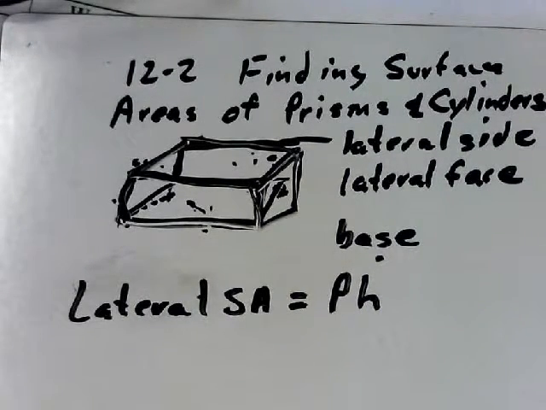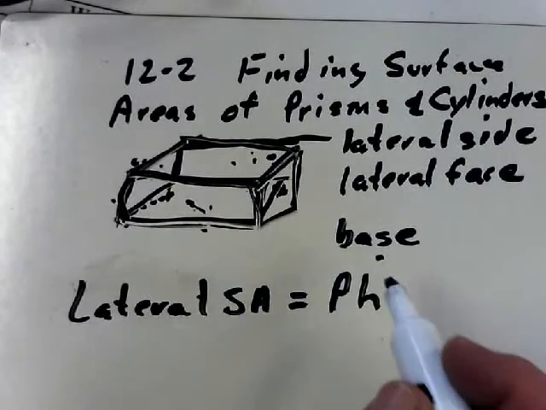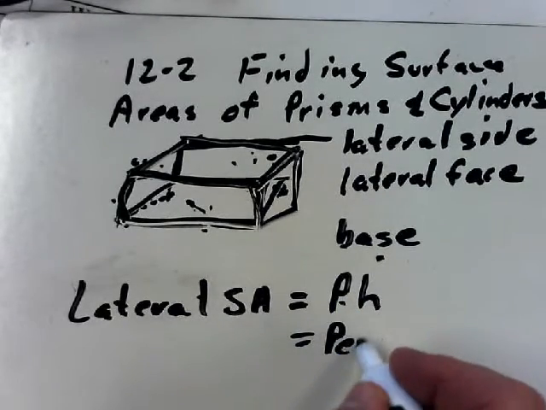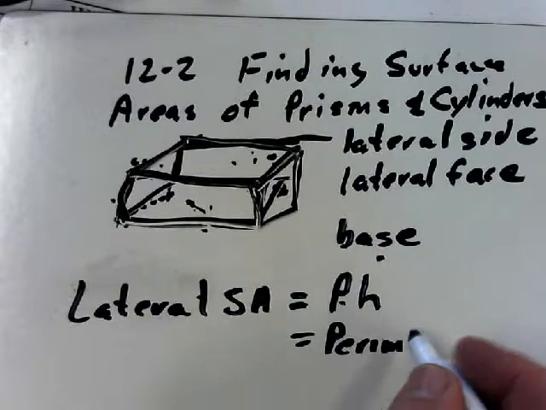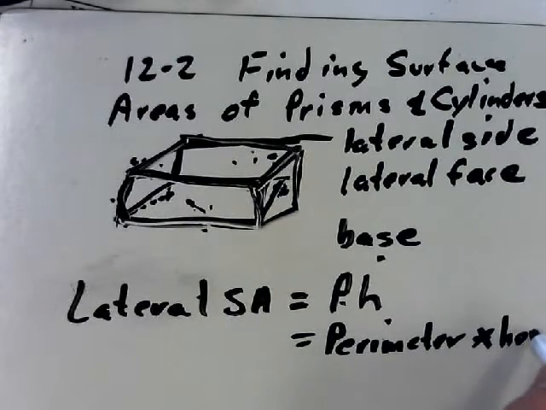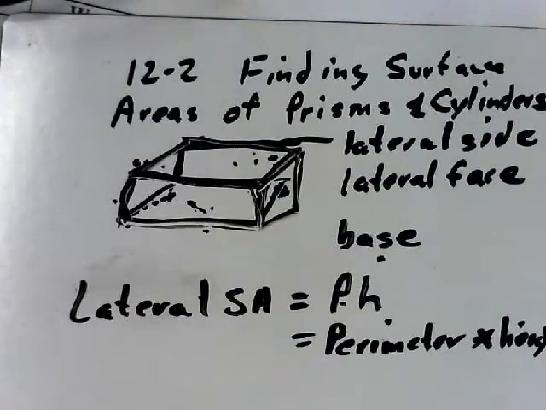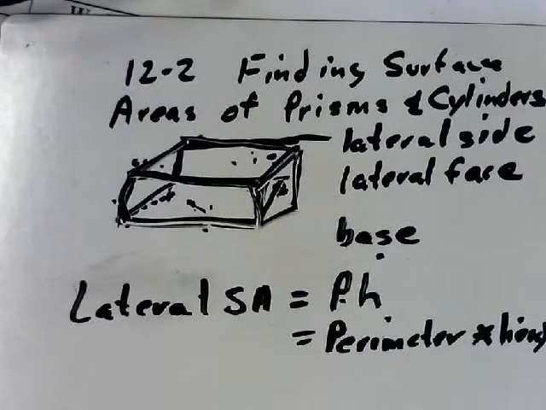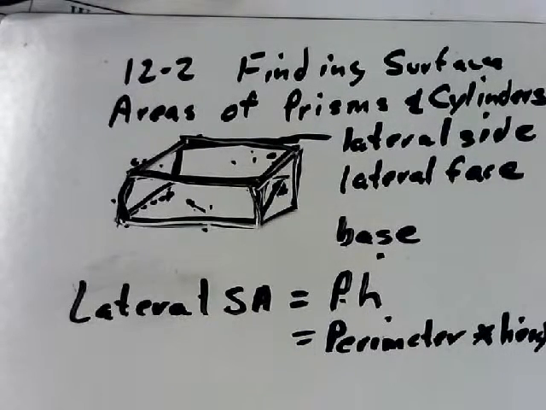They give you a formula that looks like this: PH. The P is equal to perimeter. The H is height. Okay?